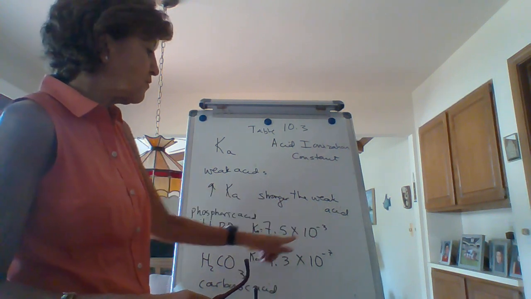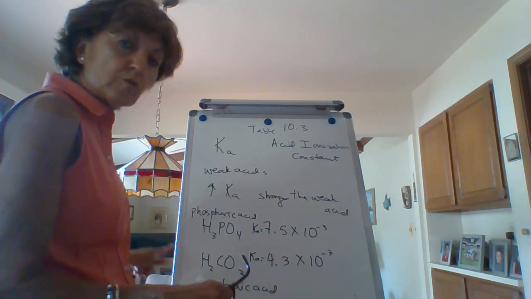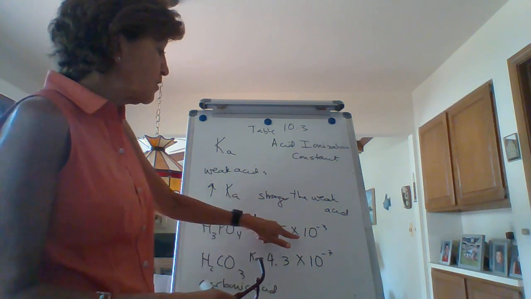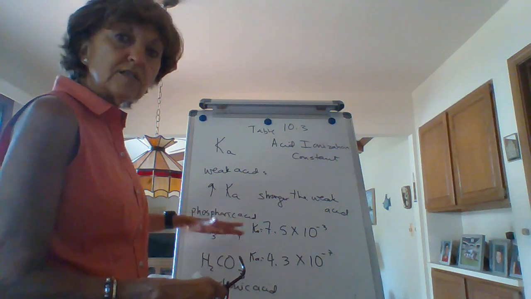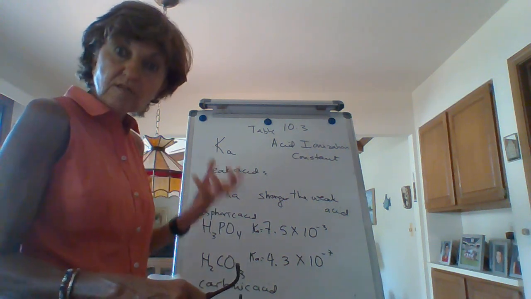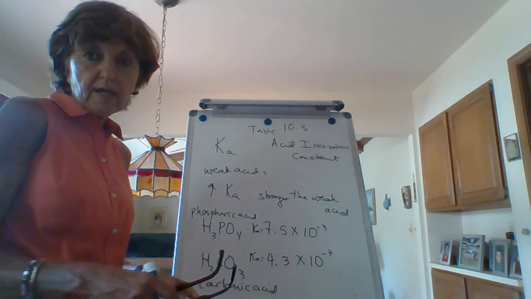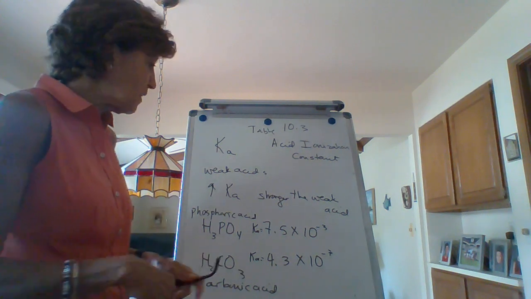This is 10 to the minus 3. You move the decimal 3 places. This one, you move the decimal 7 places. So this is a much bigger number than this. So phosphoric acid is a stronger acid. It dissociates more than carbonic acid. Okay, that's the way you read Ka values.